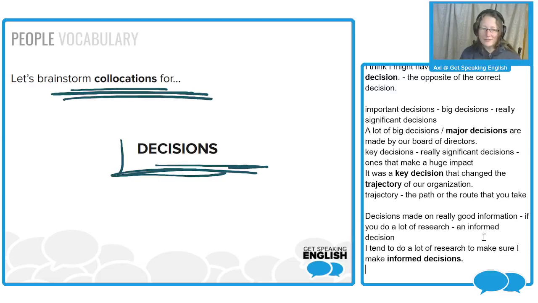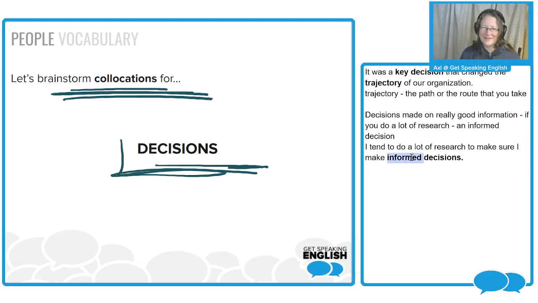So that might be a good one. So informed decisions are usually great. Or for example, an informed decision is the best decision. So we do a lot of research, we get all the information, and we make a good decision based on that information.